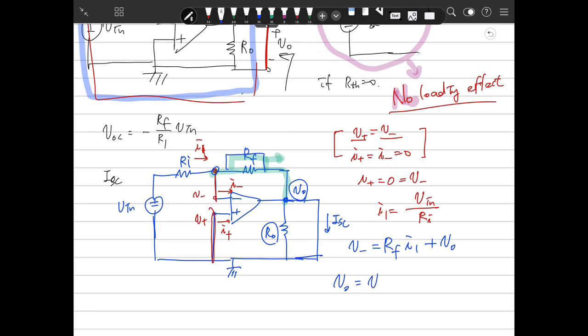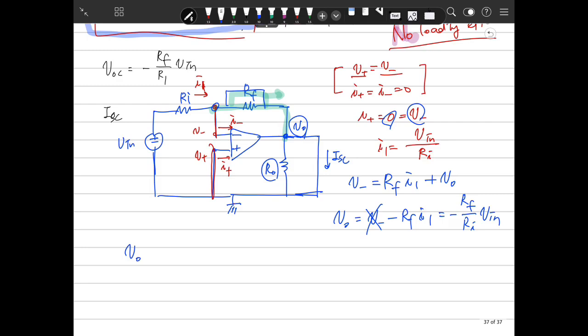So V out is V negative minus RF times I1. But V negative is 0, so we don't care about that. So there will be minus RF over R1 times V in. So V out is minus RF over R1 times V in.